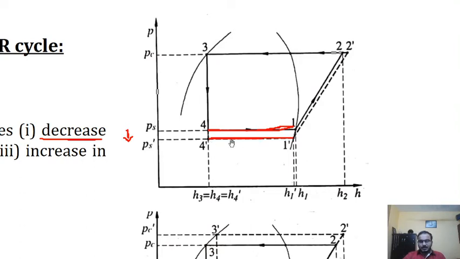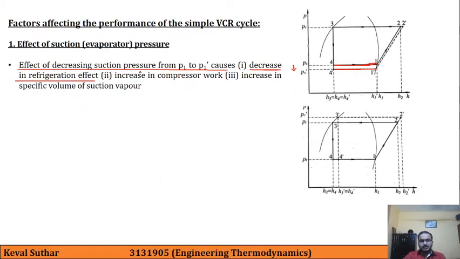That is, the distance between 4 prime and 1 prime is less than the distance of 4 and 1. So there is a reduction in refrigeration effect.